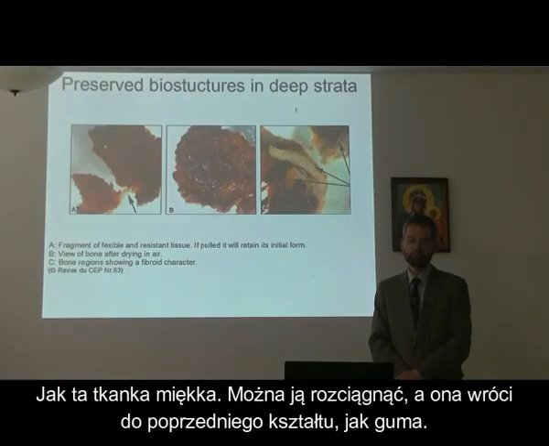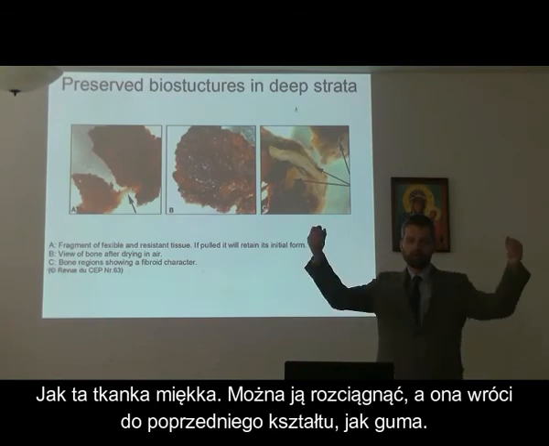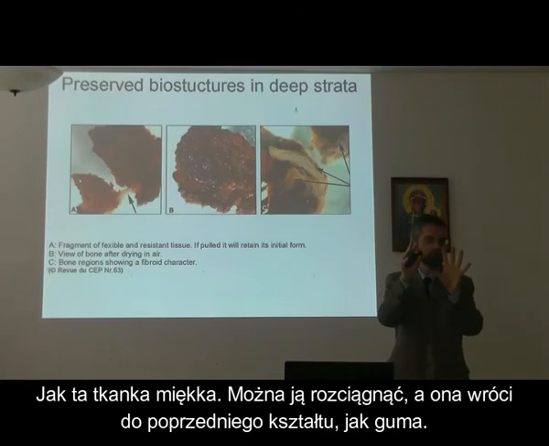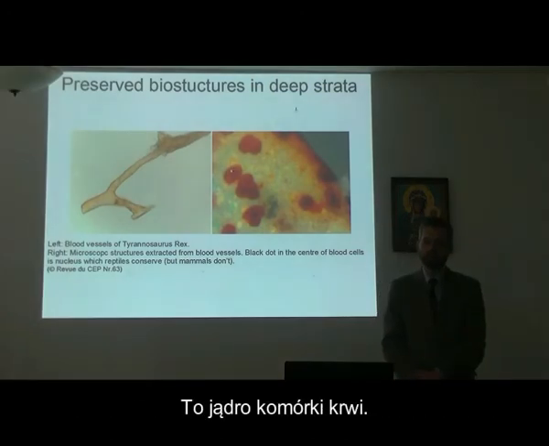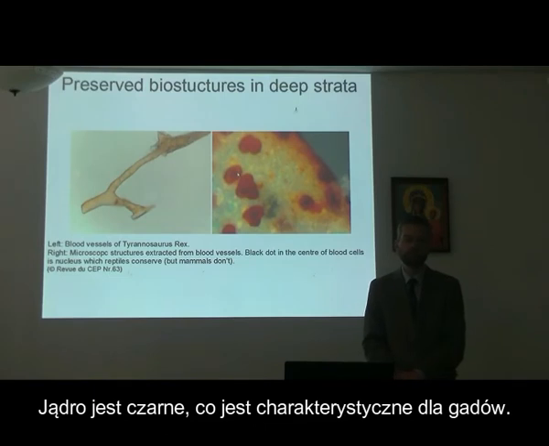Like this soft tissue, you can pull it apart and it will go back into its original position like rubber. Or this blood vessel, totally intact. This nucleus of a blood cell. The nucleus is black, which is typical for reptiles.